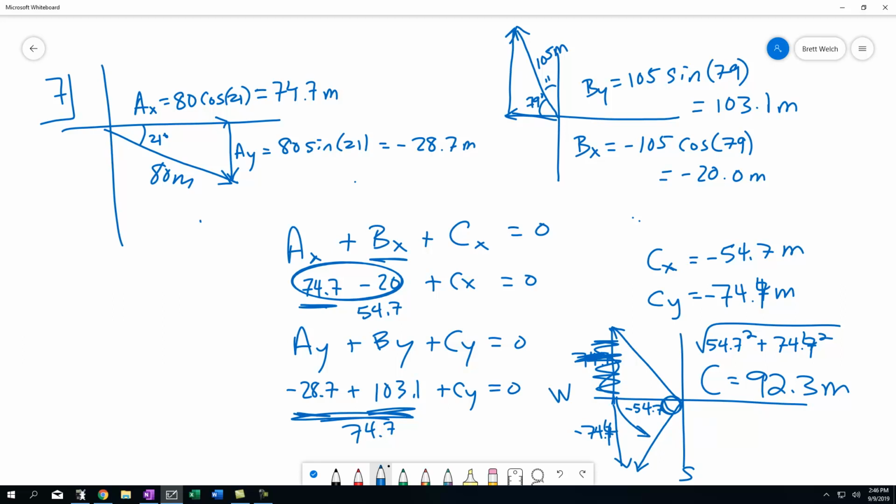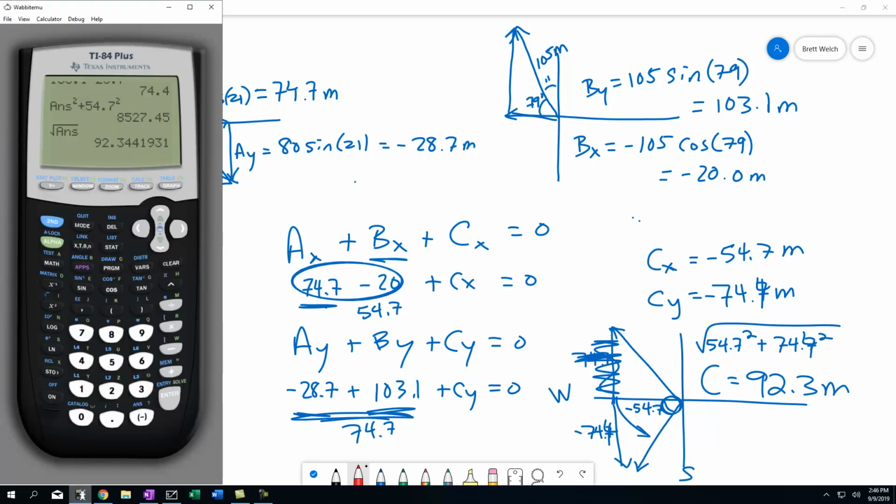To find that, we're going to use a tangent. Change colors here real quick and jump to the left. The tangent of my unknown angle would equal the opposite, 74.4, over the adjacent, 54.7. And if I do a tan inverse or an arctan, I should get that theta.